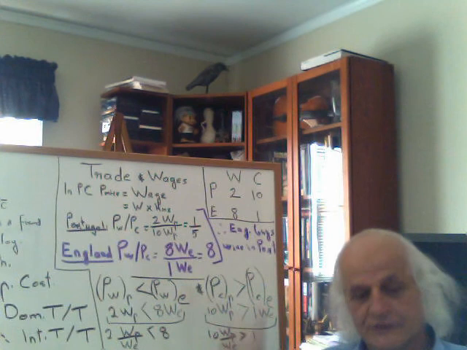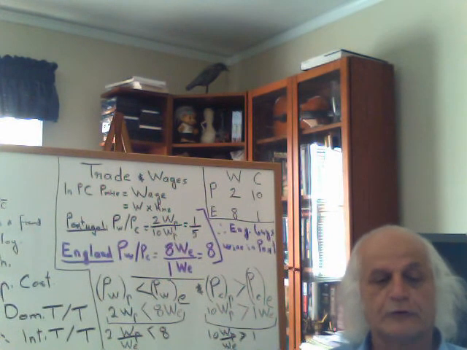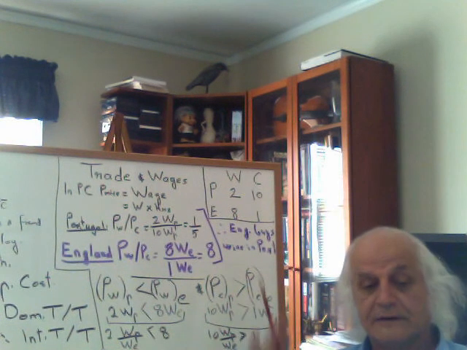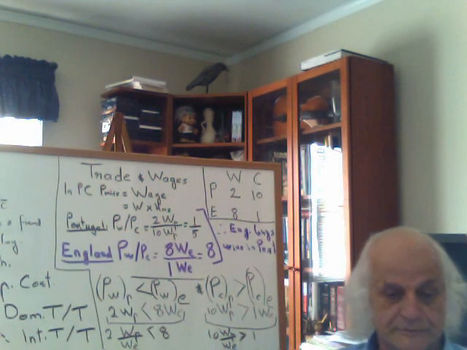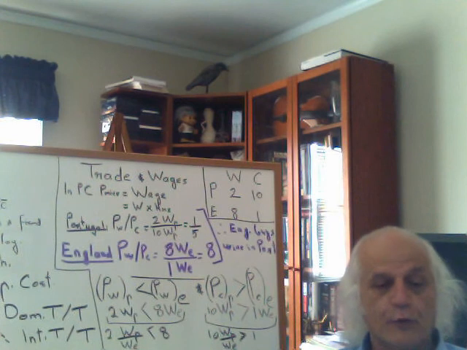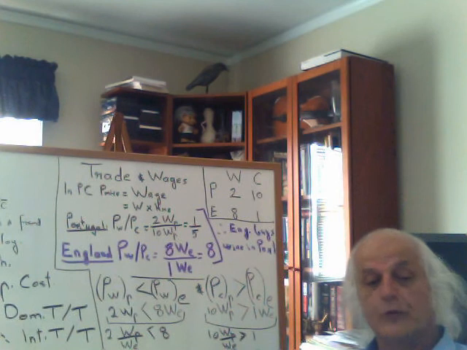I mean, let's assume, just for the sake of the argument, that the wage rate in England is the equivalent of, say, $10. If the wage rate in England is $10, then the wage rate in Portugal, in order to have trade, must be larger than 1/10.